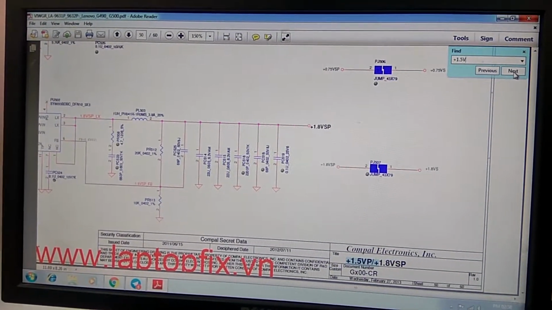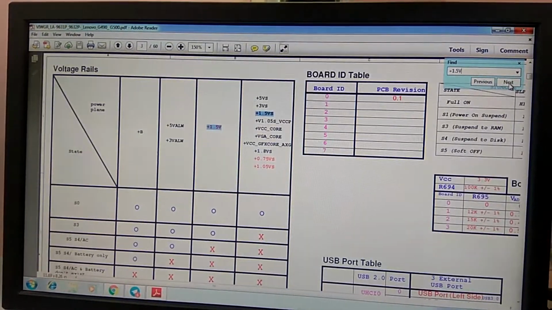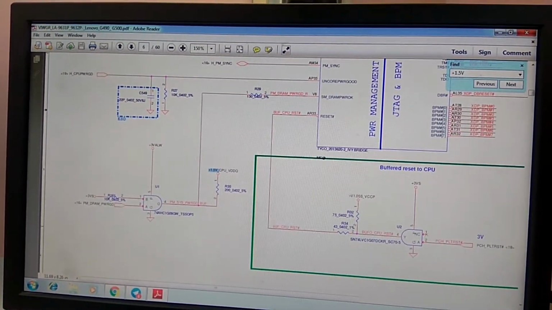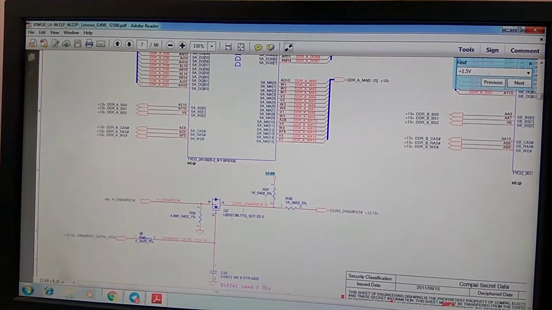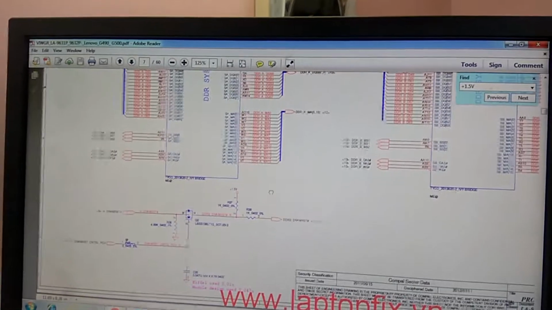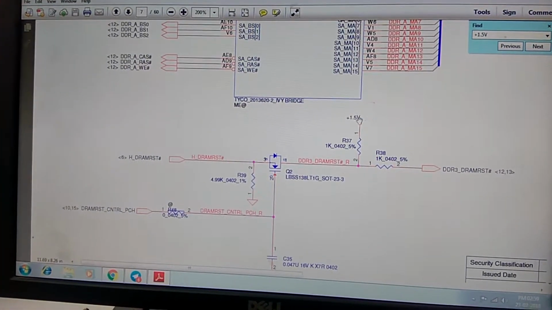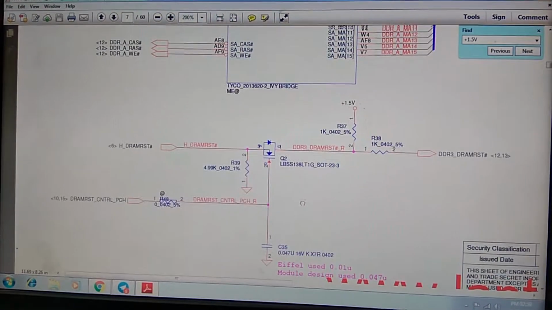Okay, 1.5 V, its log diagram. 1.5, its CPU VDDQ, it's different. Here you can see Q2. Here 1.5 volt is coming, and this is for the DRAM reset signal.